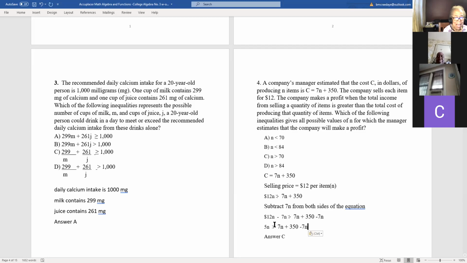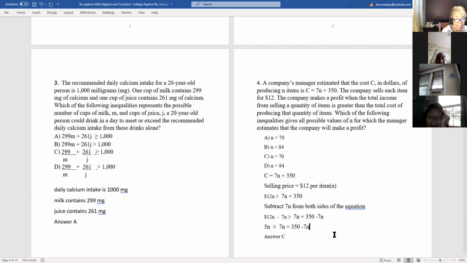Plus and minus the same value give you 0, remember? A plus 7N and a minus 7N give you 0.